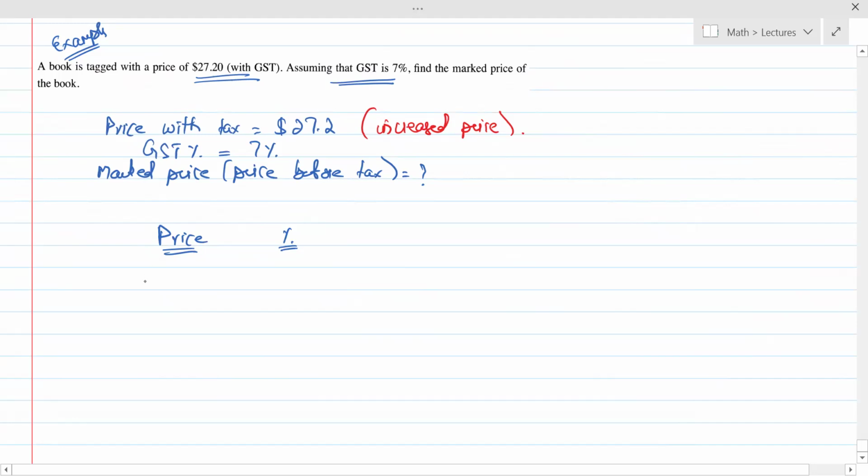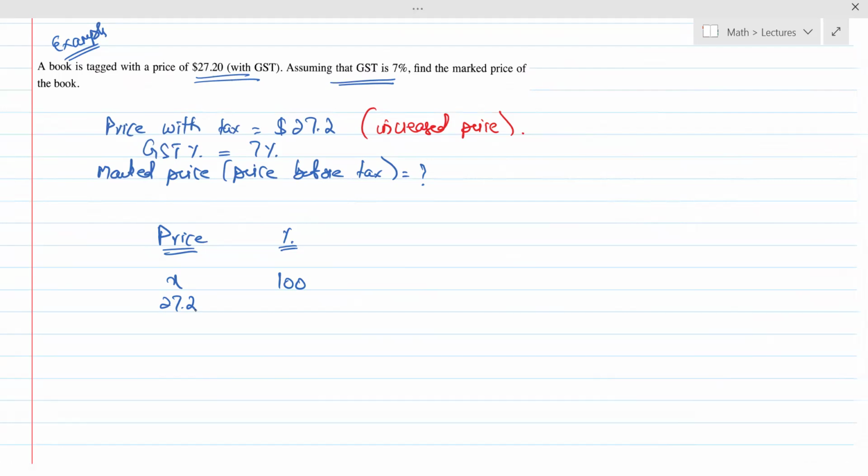Always original means it's the price before the tax has been added. It's the mark price, which we don't know. So we are keeping this as X. It goes against 100. Price with tax, price including tax, as 27.2. And now the tricky part. This 27.2 is an increased price.